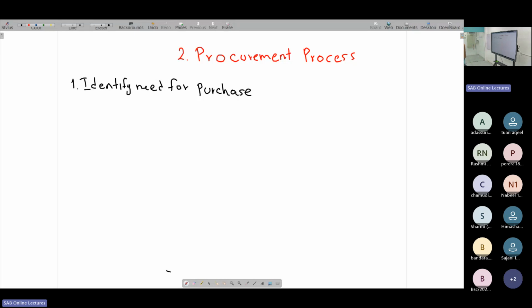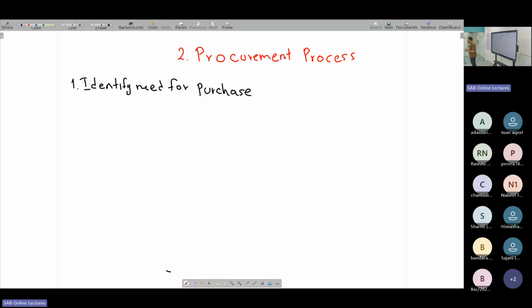First, you have to identify whether this product or this item is needed for me or not. Likewise, in an organization, the stores responsible person, the storekeeper or store manager, should first identify whether we need to purchase this item now or we can postpone it.